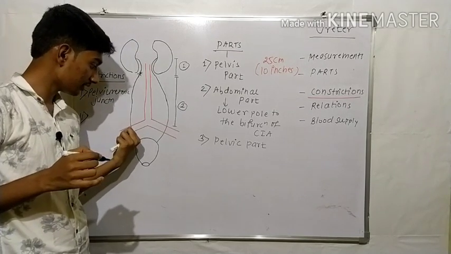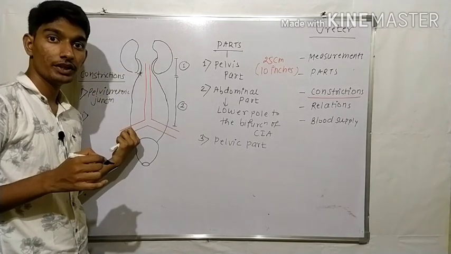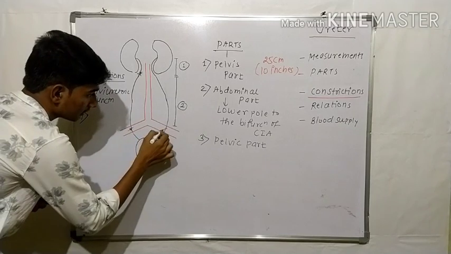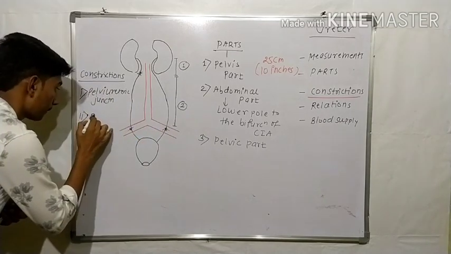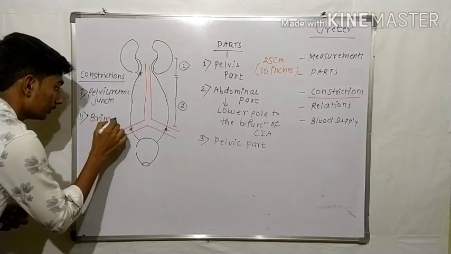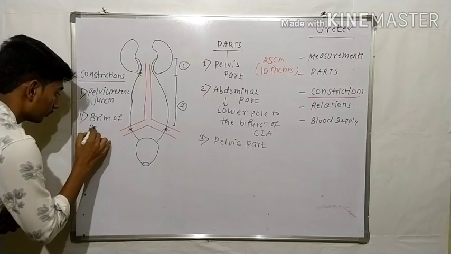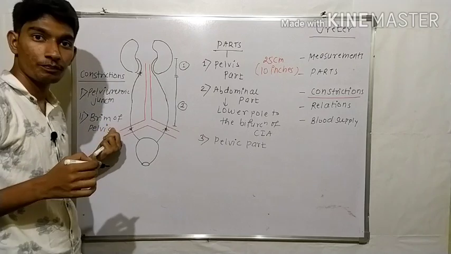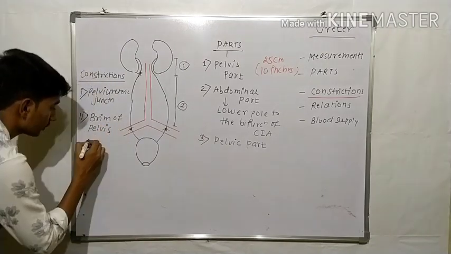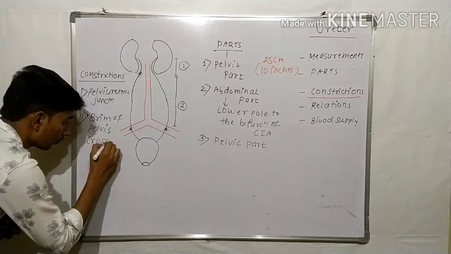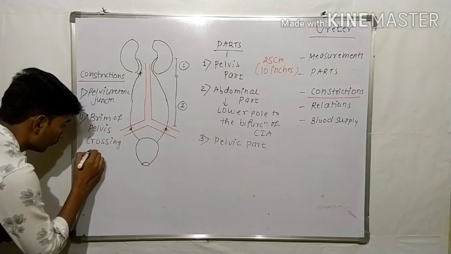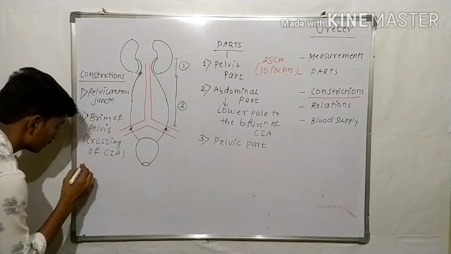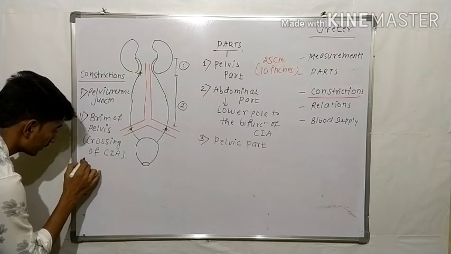Second constriction is at the brim of pelvis, that is crossing of common iliac arteries.